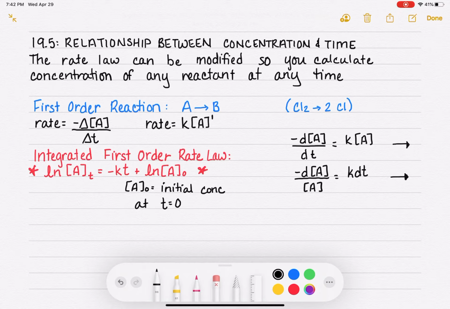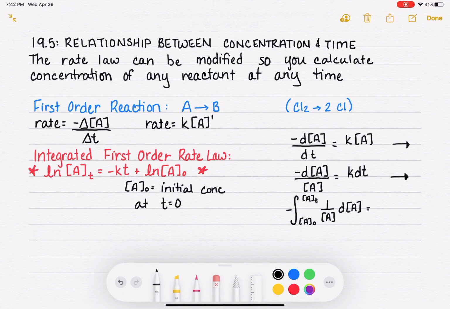And then what we're going to do is integrate both sides of this equation. The left side, we are integrating from initial concentration of A to A at any time. And that's going to be the integral of 1 over A dA. And I didn't lose my negative sign. I just want to have it out in front there.